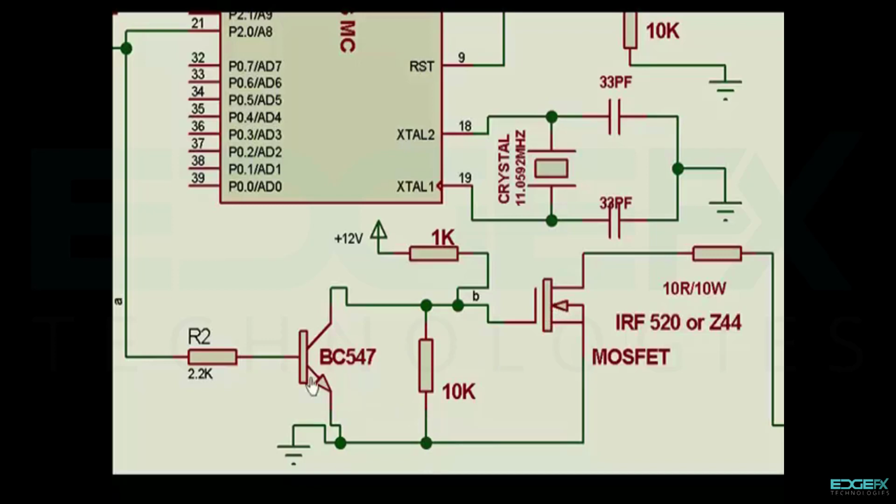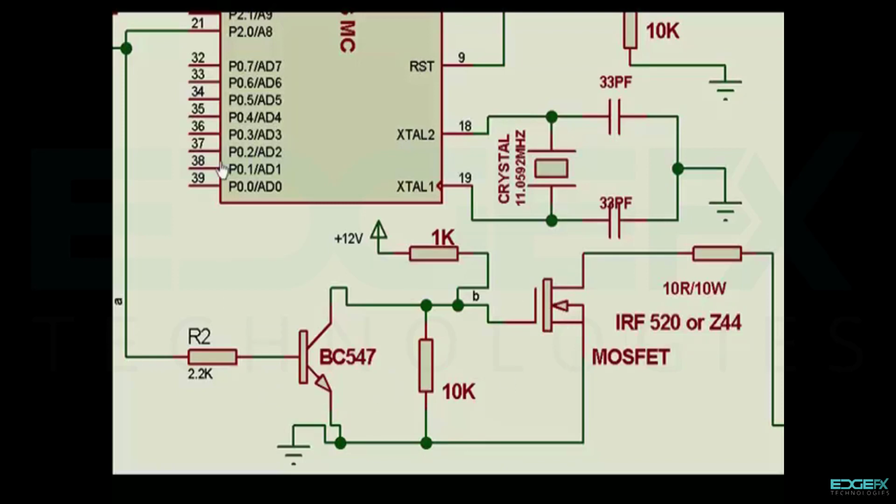While this is off, it gets the 12 volt directly here. So in the ratio 1k to 10k across 12 volt, the potential divider, we get around 10 to 11 volt here, so the MOSFET would be faithfully switched on. That is the reason why this arrangement has been made.